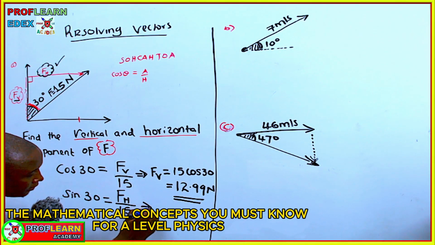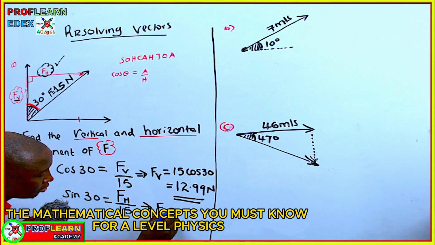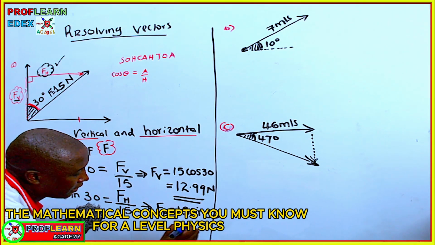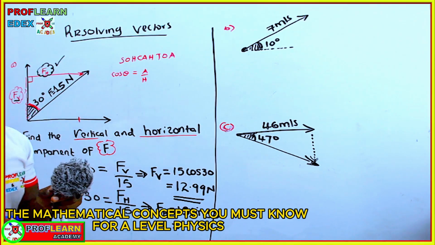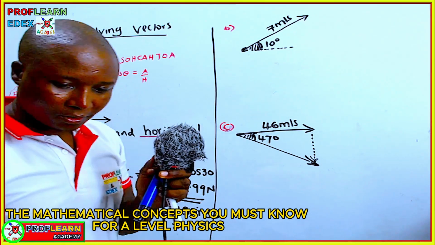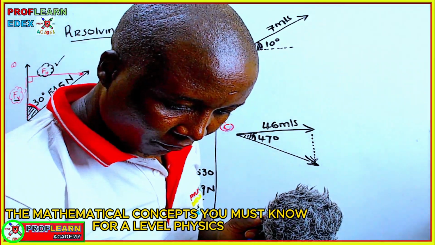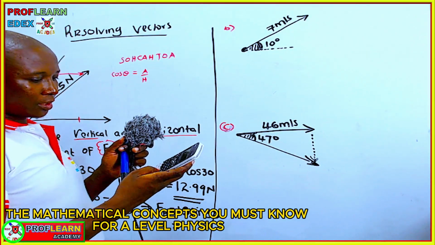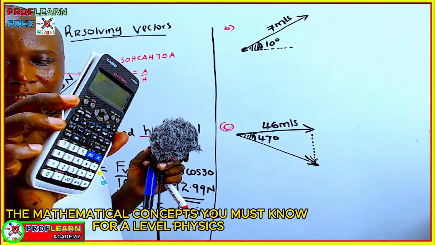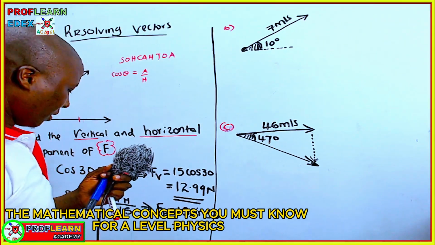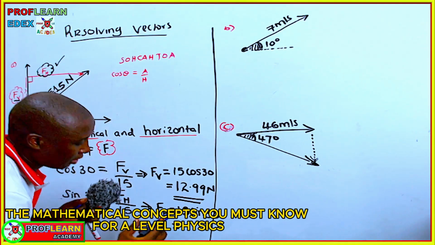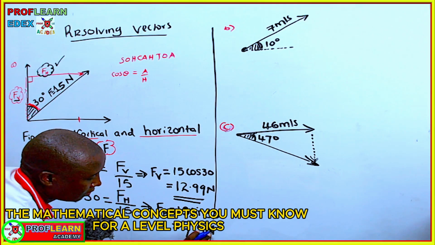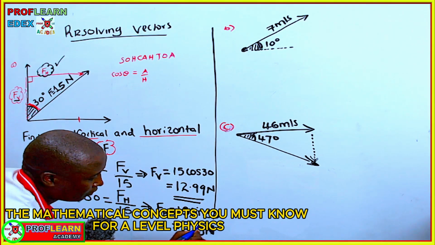Which implies that F in the horizontal direction is going to be 15 sine 30, and that becomes 7.5. So our answer is 7.5 Newton.